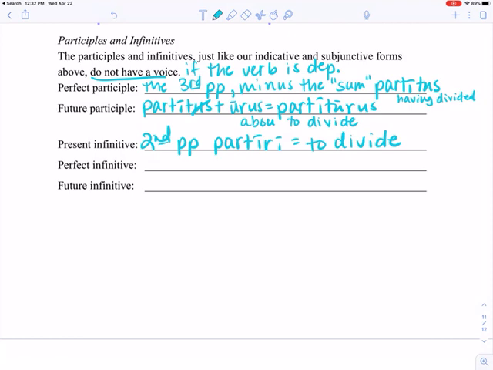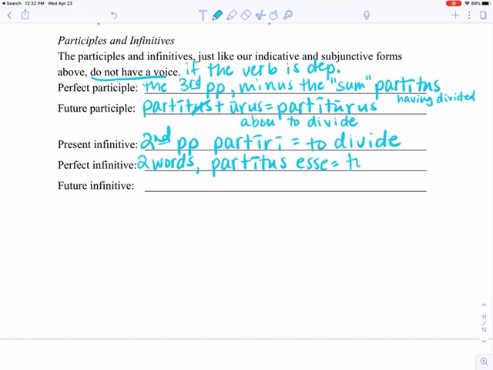Your perfect infinitive is going to look like the perfect passive one. So this one's two words. Okay. You're going to need partitus and esse. But remember, this has to be translated active.